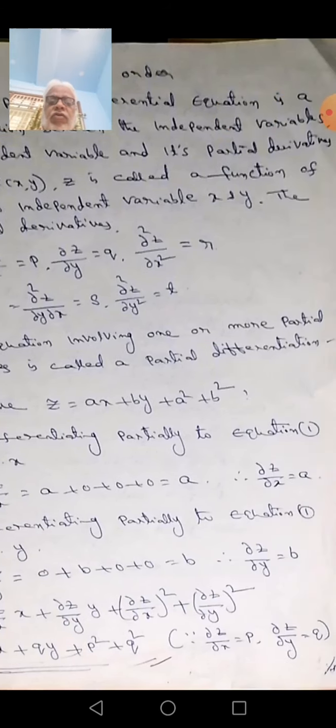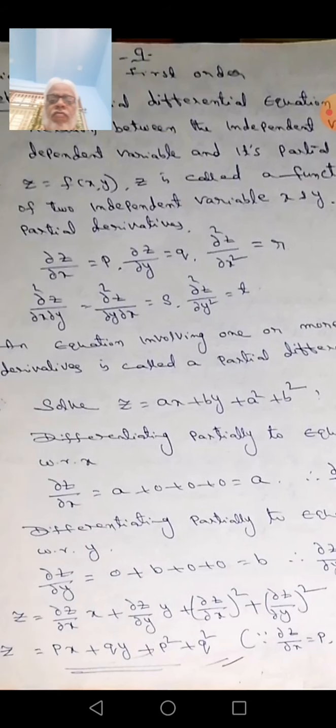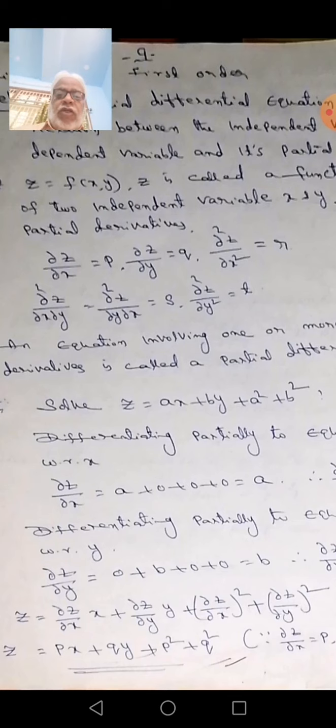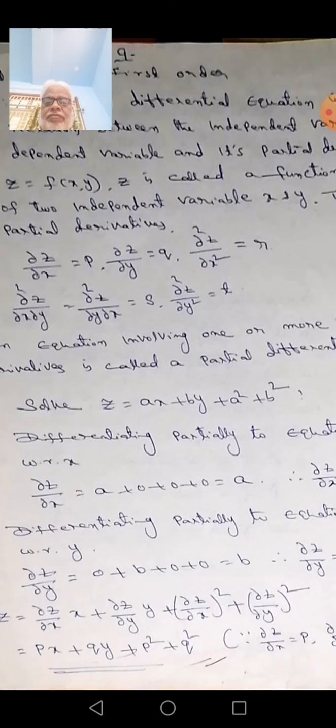And differentiating partially equation 1 with respect to y, dou z by dou y is equal to 0 plus b plus 0 plus 0 is equal to b. Therefore dou z by dou y is equal to b.